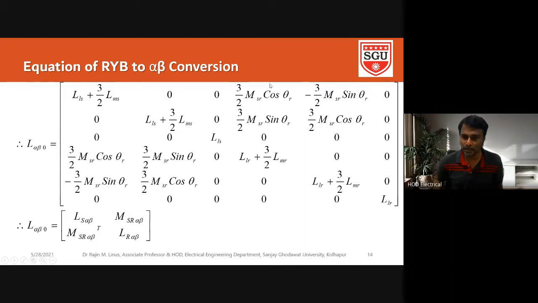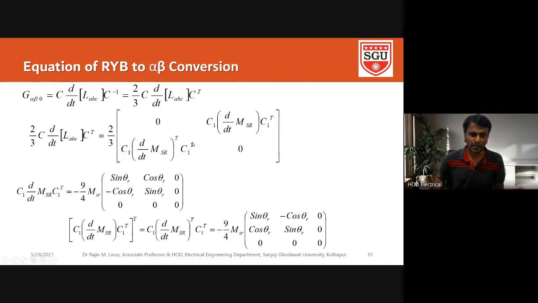Then this is called the mutual inductance between the stator and rotor, so that we have a 2 cross 2 and 3 cross 3 matrix, and this is the matrix of MSR. Then the transpose will be written here, the transpose of this entire matrix. This is what we have concluded. Then the G alpha beta naught matrix, we have derived like this. Then I took the differentiation of this matrix.